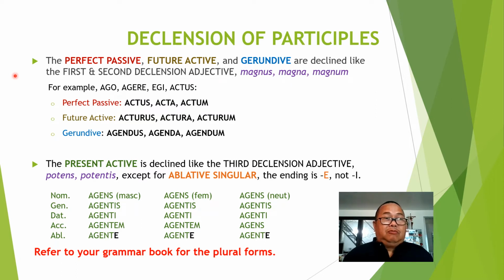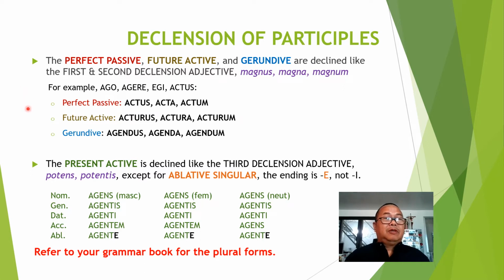So, if you go to the perfect passive, example ta an ago, agere: actus, acta, actum. Follow manius, mania, manium. Future active: acturus, actura, acturum. Gerundive: agendus, agenda, agendum. Very elementary na ni. Very basic na ni. It's presumed that you have already learned manius, mania, manium.